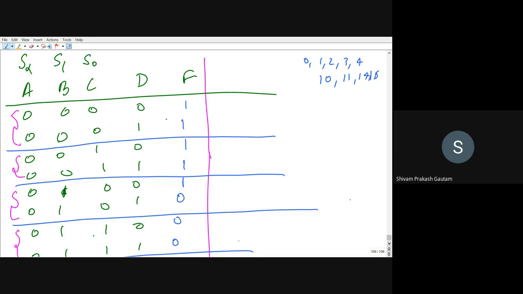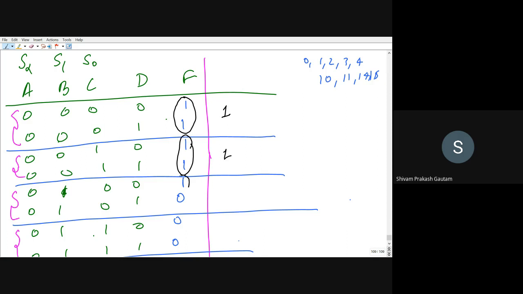You can see when ABC is 0, 0, 0, that is in the first case, our function is always 1. In the second case, if ABC is 0, 0, 1, that is for select line 1, our function is again 1.